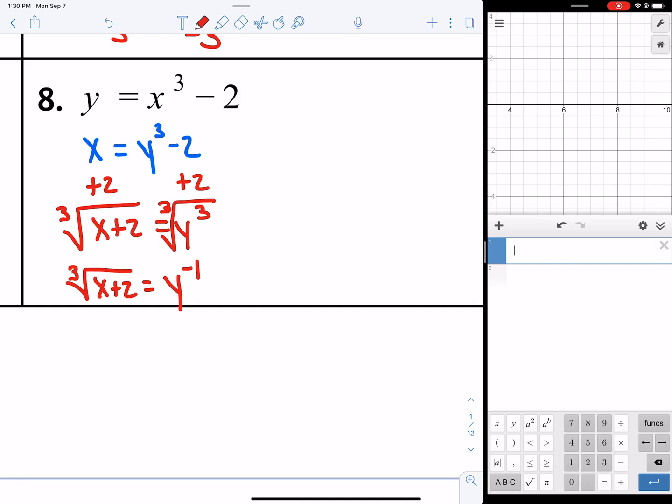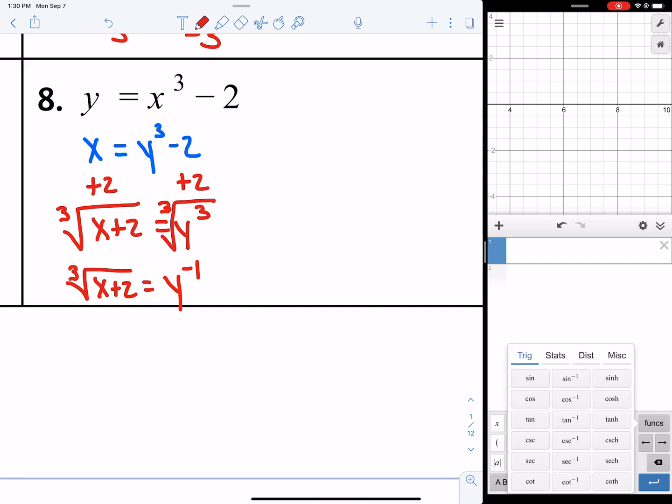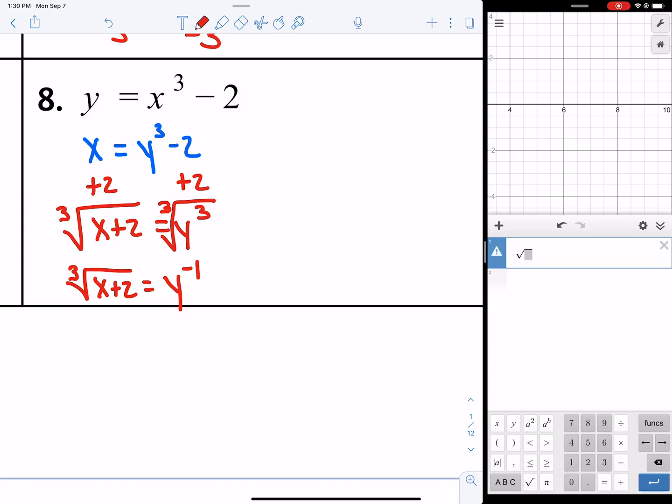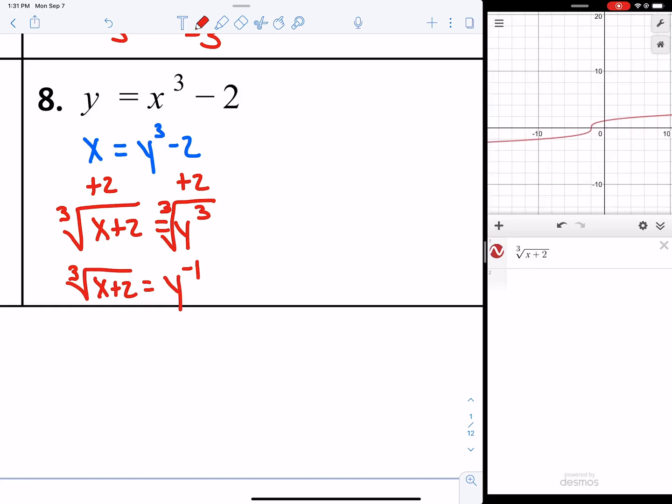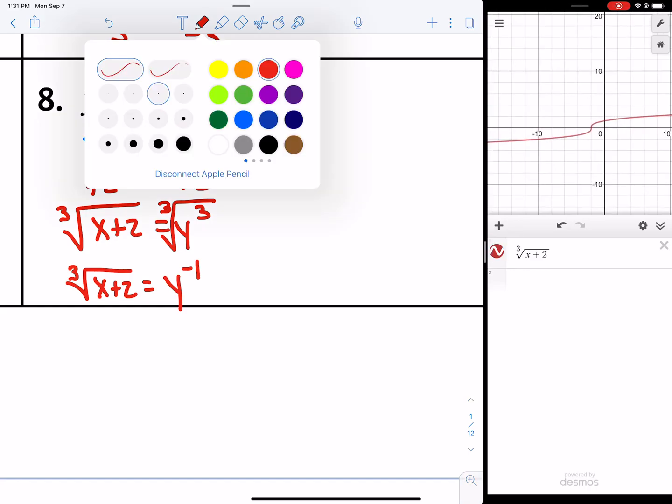So to type the cube root, you have to go to Functions, Miscellaneous, and then find in that middle column, there's a little n, like nth root button. And you can put the cube root into Desmos using that button. And then type x plus 2. And notice this one looks a little different.